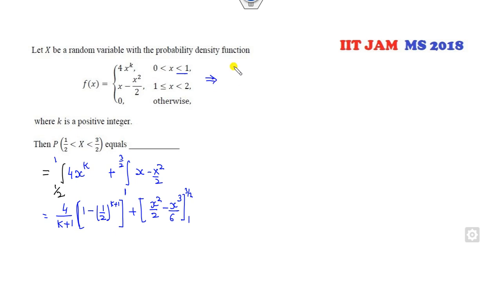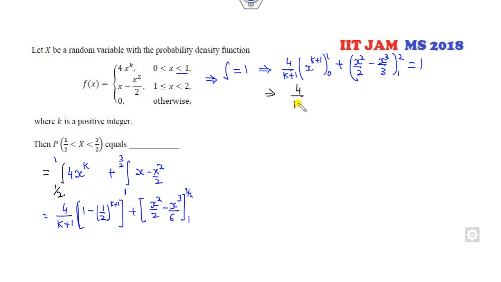So how can you solve the k? Integration should be 1. So it is 4 over k plus 1, over the 0 to 1, plus x squared over 2 minus x cube over 3, from 1 to 2, is 1. So I can substitute it. 1 will be 1. So 4 over k plus 1 is my 4 over 2. 8 over 3 minus 1 over 2, 1 over 3.